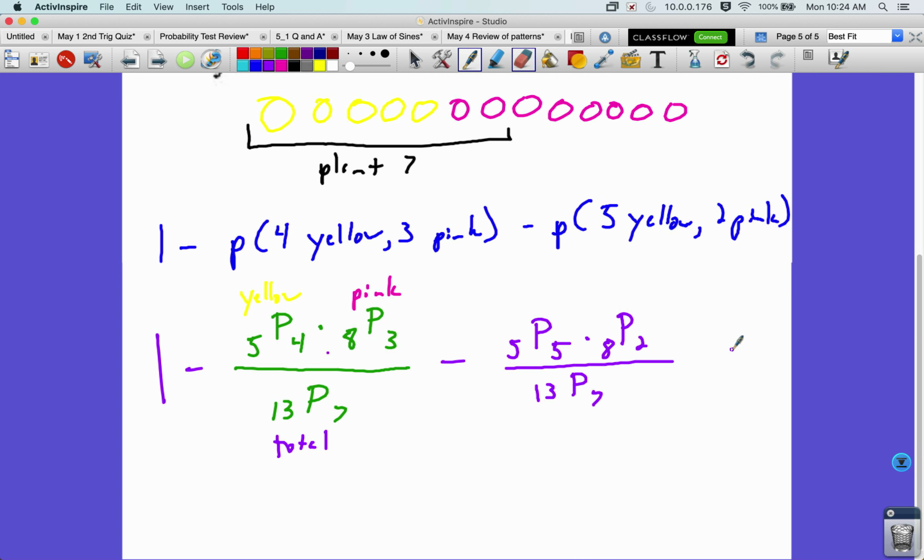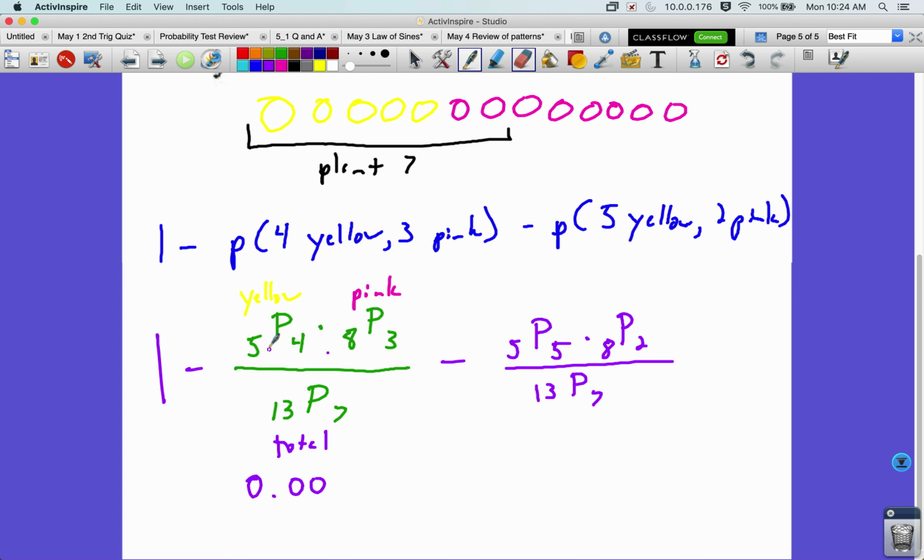I'm going to try plugging this all into my calculator. Well, I'll do it in 2 pieces. So I'll do 5 pick 4 times 8 pick 3 divided by 13 pick 7.